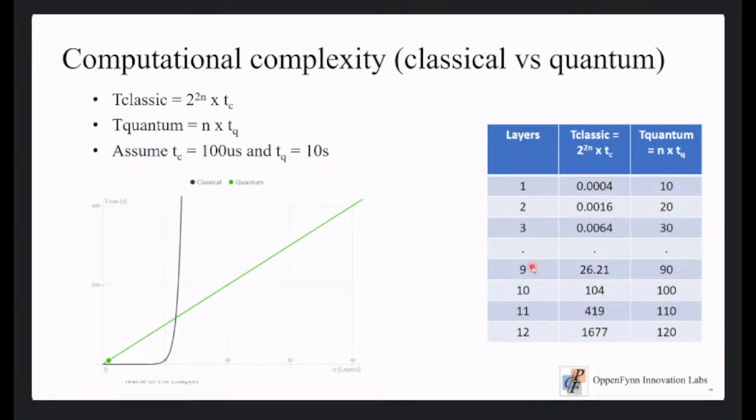But as the number of layers increases, the classical time taken increases exponentially. You can see in this example that at about 10 layers, the classical way of doing things begins to take longer than the quantum way.